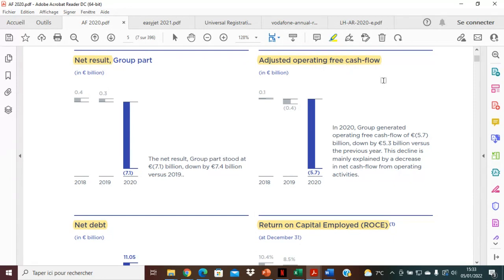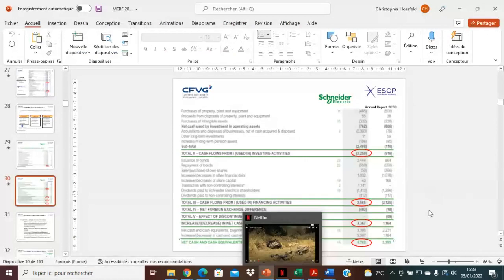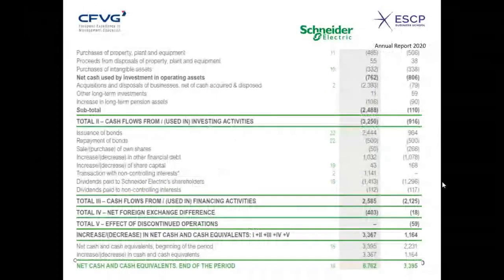But the underlying idea is now clear. And we see also it has been negative in the last 2 years, which is not a good sign for Air France, and it was very low in 2018. So it means basically they have debt issues, they have free cash flow issues, which is not a good sign for their financial health, obviously.